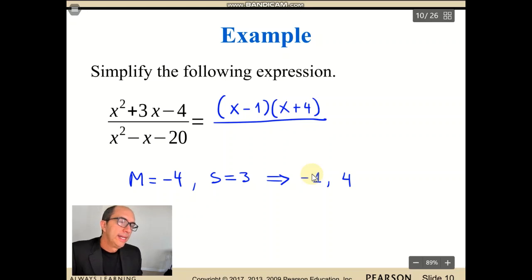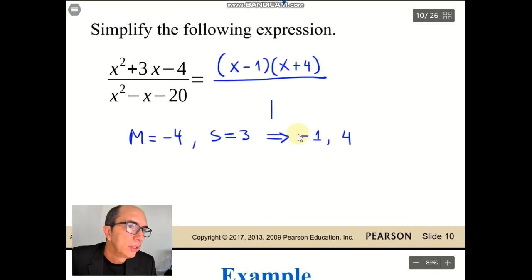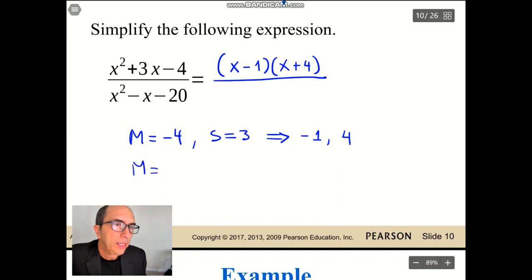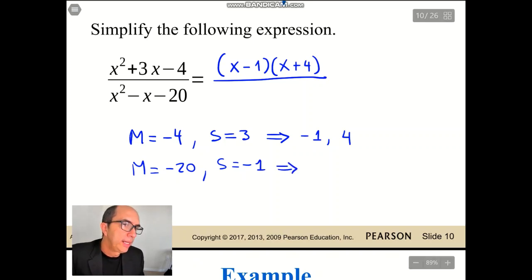Excellent. Now the denominator. Let's find two numbers that multiply to -20 and sum to -1.